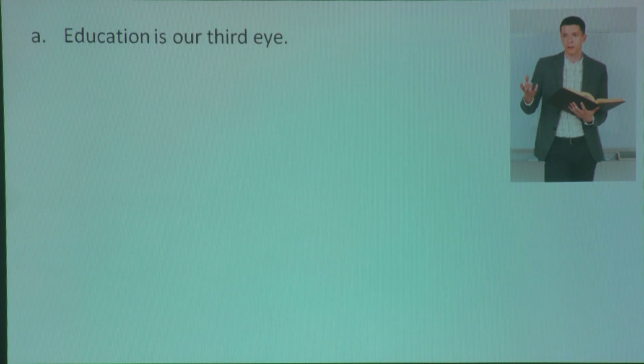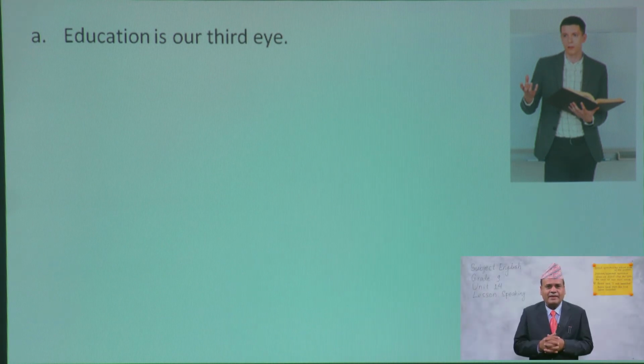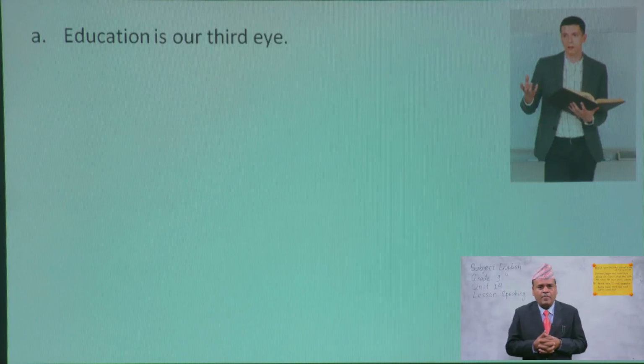how to change this? "Education is our third eye." Okay. This is a kind of quotation. It's a kind of saying. It's a true fact, in a way you can say. This is true. When this is generally supposed as true, we don't change the tense.